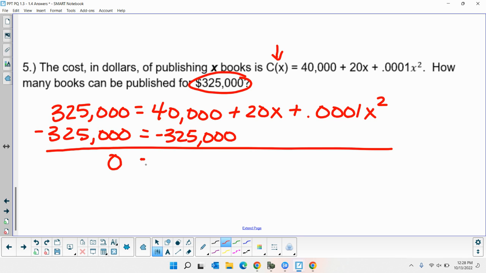Now, it's in backwards order, right? So if you want to put it in the normal order at this point, go ahead, if that helps you. Some people leave it in the order that it is, and you switch your A and your C. A is always the number in front of the what?